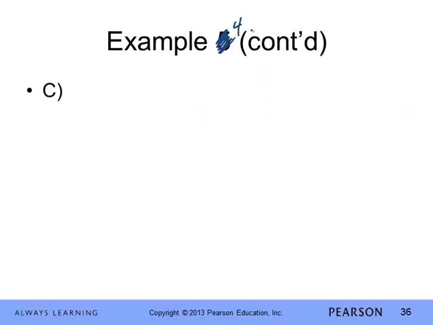So example 4, part C: assuming a flat playing field, how far does the ball travel horizontally? It will travel horizontally until it hits the ground. When will it hit the ground? Well, there's a couple of ways that you could solve this. So you have y as a function of t.